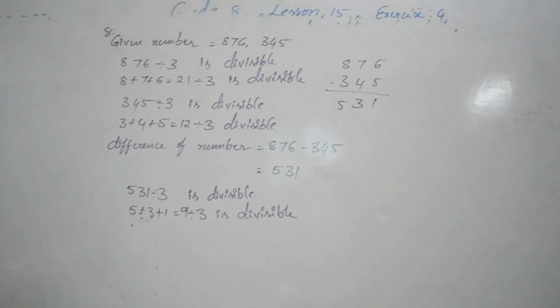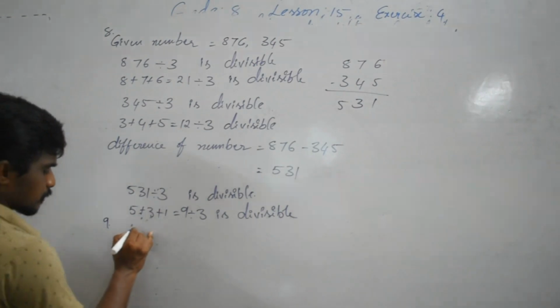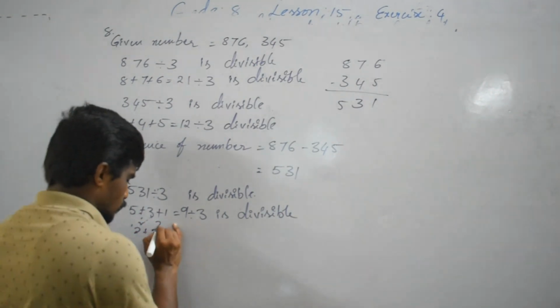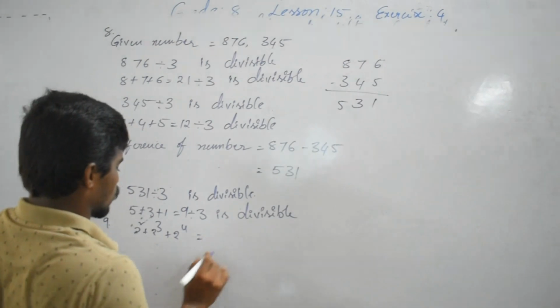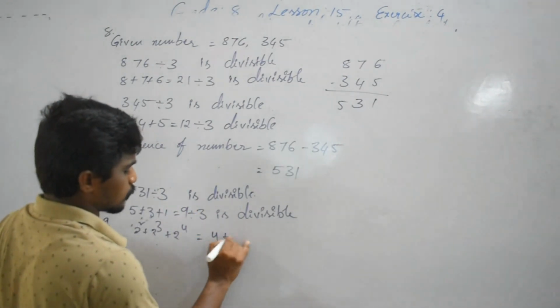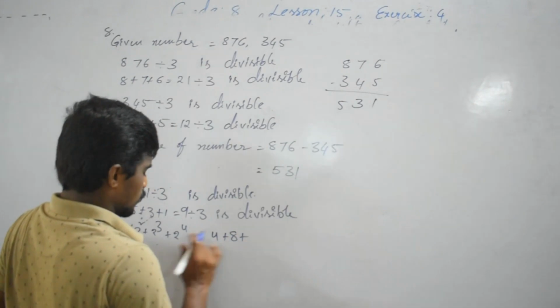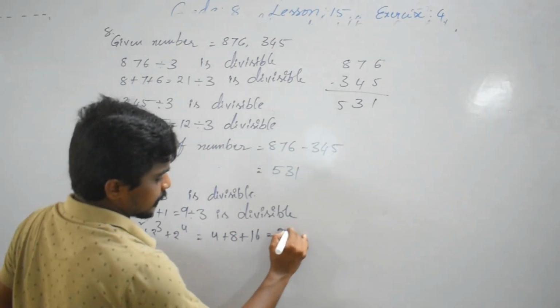Next one. Check whether 2 square plus 2 cube plus 2 power 4 is divisible by 2 and 4. Ninth one. 2 square is 4, 2 cube is 8, 2 power 4 is 16. The total is 28.